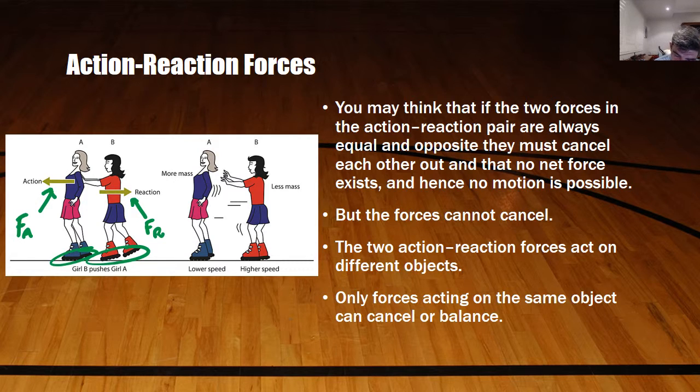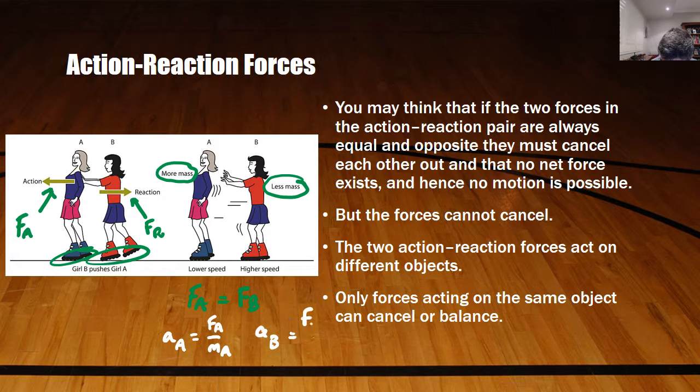What you will notice is that girl A has more mass than girl B. Therefore, if the two forces are equal, if FA equals FB, then acceleration A is equal to FA on MA, and acceleration B is equal to FB on MB.